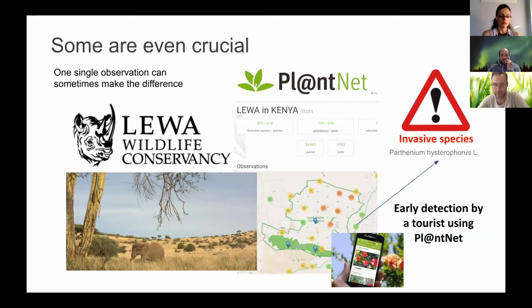When the managers of the park discovered that occurrence in PlantNet, they were horrified, but at least they could take some decisions and set up actions to try to limit this invasion. This illustrates how citizens can contribute to the conservancy of the reserve by contributing to the surveillance of the biodiversity of the park.